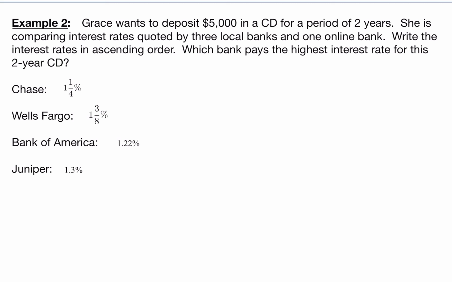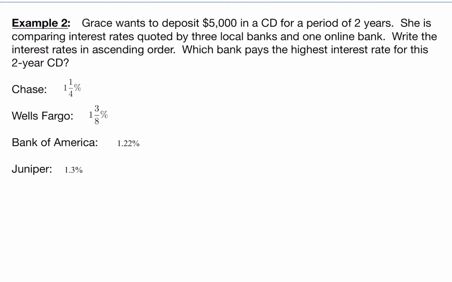So in this example, Grace wants to deposit $5,000 in a CD for a period of 2 years, and she's looking at interest rates. She's comparing it between 4 banks, 3 that are local banks and then 1 that's an online bank. And so we are to write the interest rates in ascending order and find out which one pays the highest interest rate for a 2-year CD.